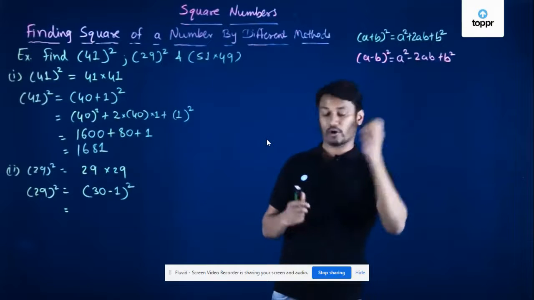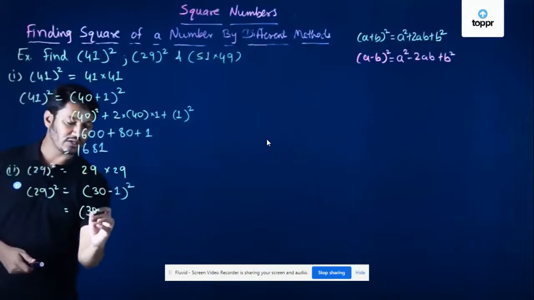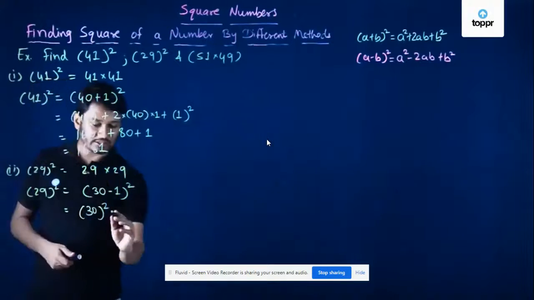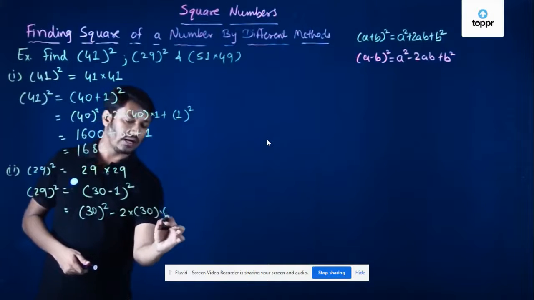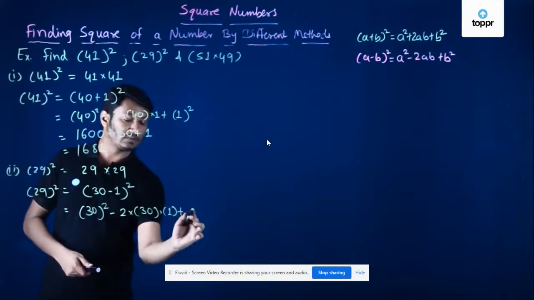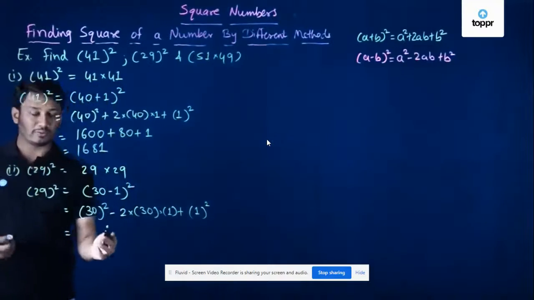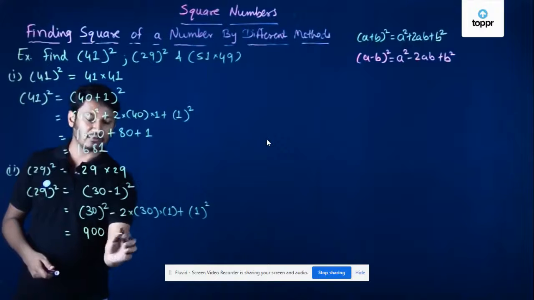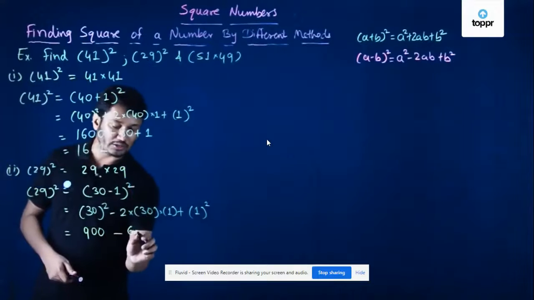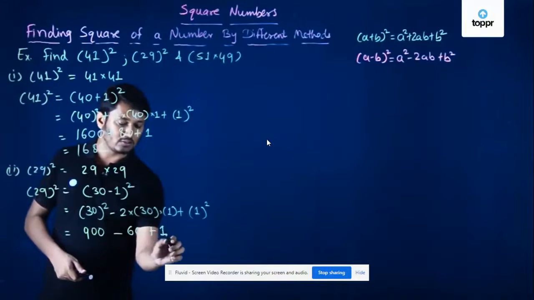So let's see what we get here. In place of a we have 30, so this becomes 30 square minus 2ab, which will be 30 into 1, and plus b square is nothing but 1 square. Now 30 square will be what, students? 3 square is nothing but 9, and the 0 will repeat twice, so it becomes 900, minus 30 into 2 becomes 60, plus 1.